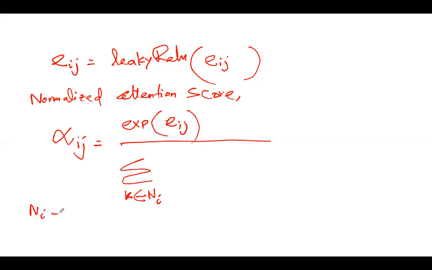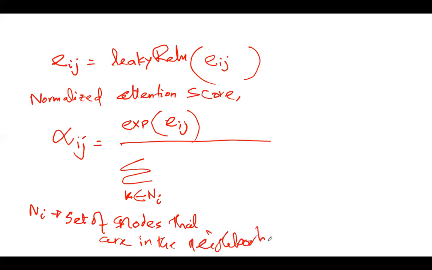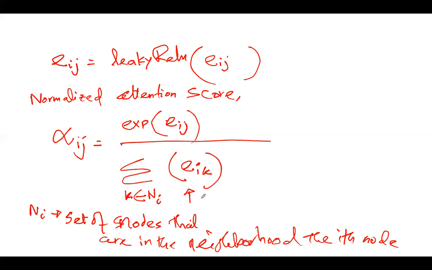So by Ni, I mean the set of nodes that are in the neighborhood of the ith node, right? So I'm trying to be kind of selective. And then this is k, right? So this is going to be ik, right? So this is what we're trying to get to, because we'll be normalizing by the nodes that are in the neighborhood, but not by all.